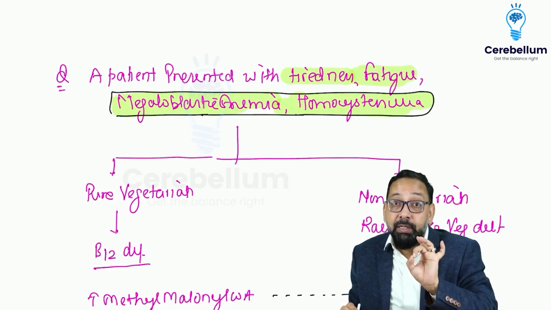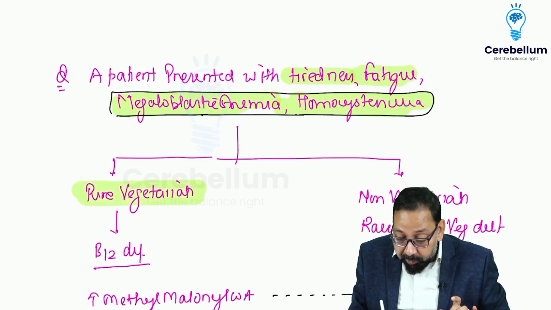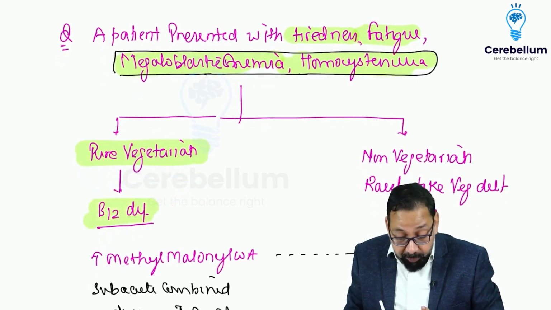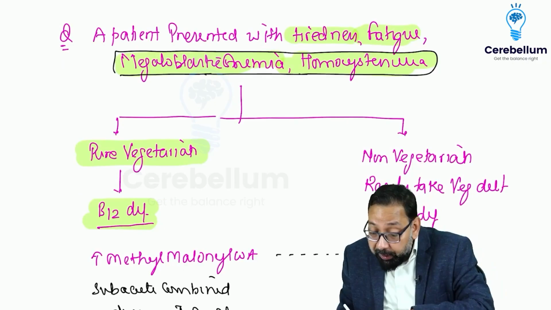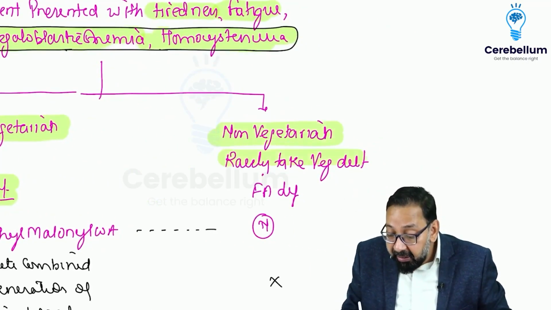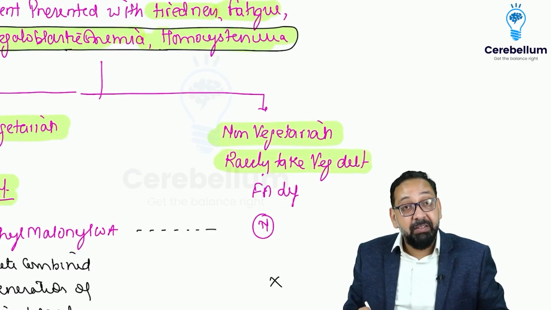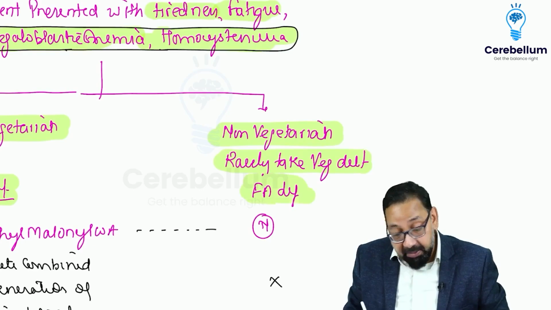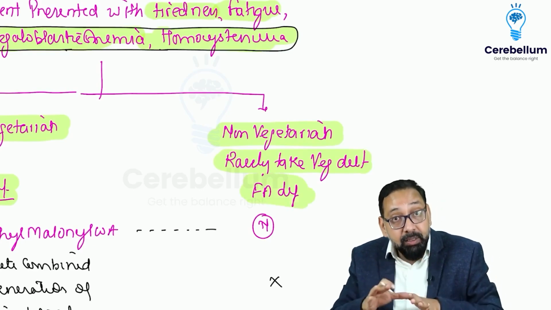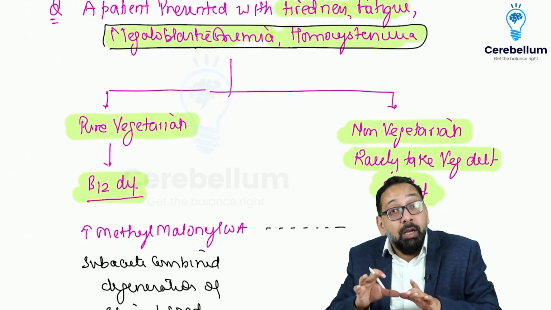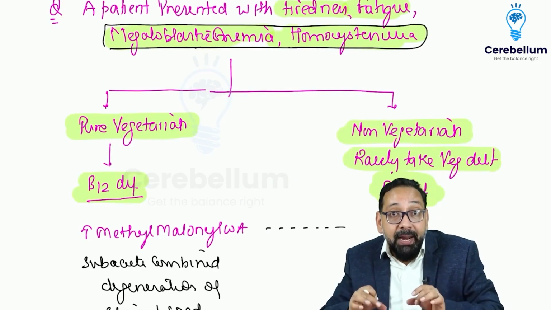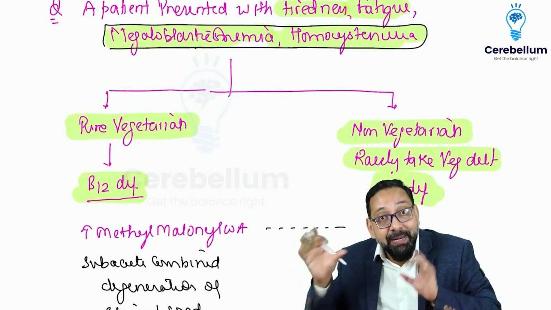If the patient is a pure vegetarian, the deficiency would be B12. If a non-vegetarian rarely takes vegetables in the diet, folic acid deficiency may be there. Although this is not the diagnostic point, in a clinical scenario sometimes they want you to know what dietary pattern determines deficiency of B12 or B9.